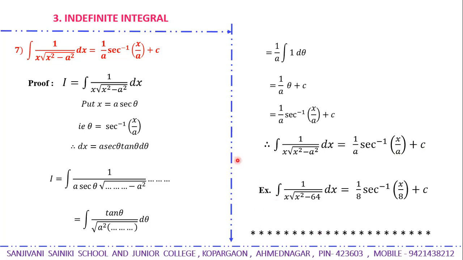And the example on this formula, 1 upon x root x square minus 64 dx is 1 upon 8 sec inverse of x by 8 plus c. So this is all about the special integrals from the chapter integration. Recite all the formulae well so that you can use them in solving the examples.